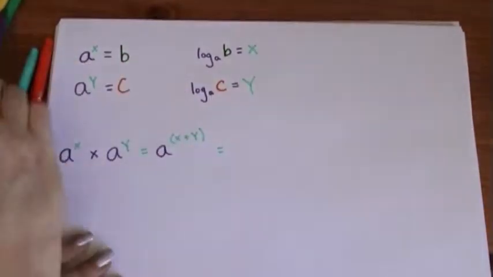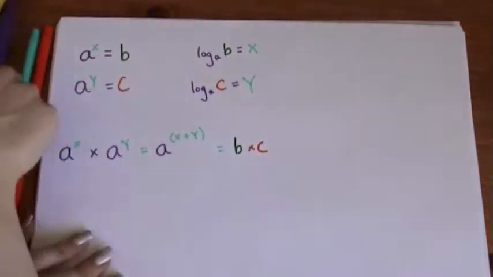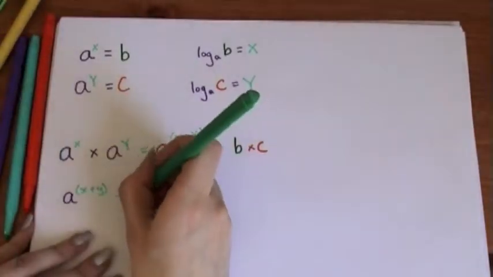If we substitute in A to the X equals B and A to the Y equals C, A to the X add Y is equal to BC.